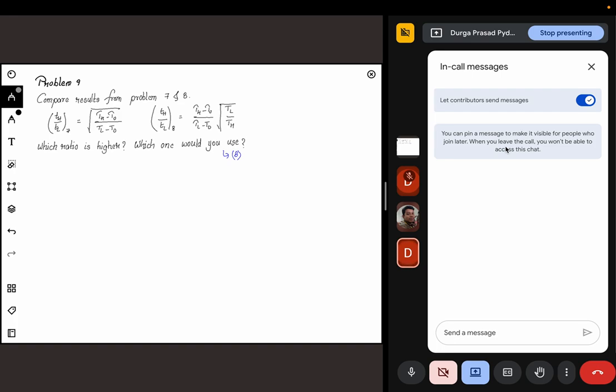Both are same, na? Or what is it? How do you know which is higher? You can just do it mathematically, right? You can just put TH by TL and then divide it with the other one and see whether that quantity is greater than or less than 1. If I do that, what will I get?